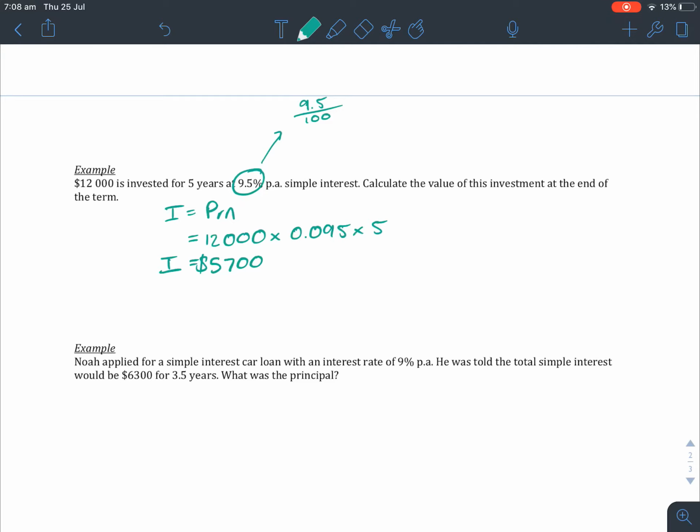Not bad. However, you've gone back to the bank and you say, I would like my investment now that the term has finished. So you don't just want the 5,700, you've already put in 12,000. So the amount at the end is 12,000, the original amount you put in, plus the interest.